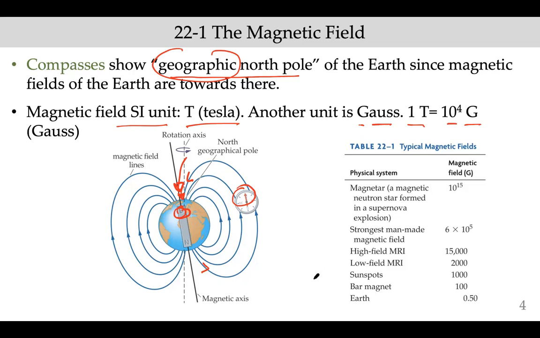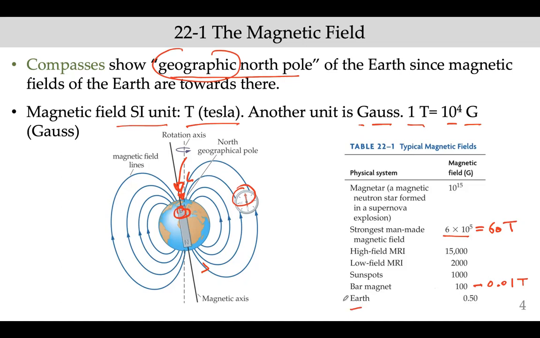For example, on the Earth, you can go up to 6 times 10 to the 5th Gauss by using different devices, or coils, or maybe superconducting materials. So this is 60 Tesla, and a bar magnet is 100 Gauss, which means 0.01 Tesla.